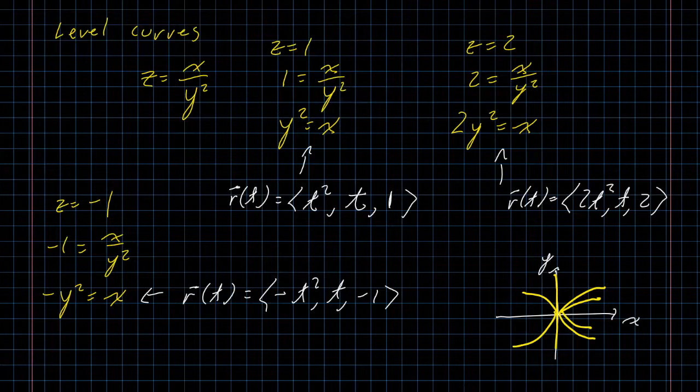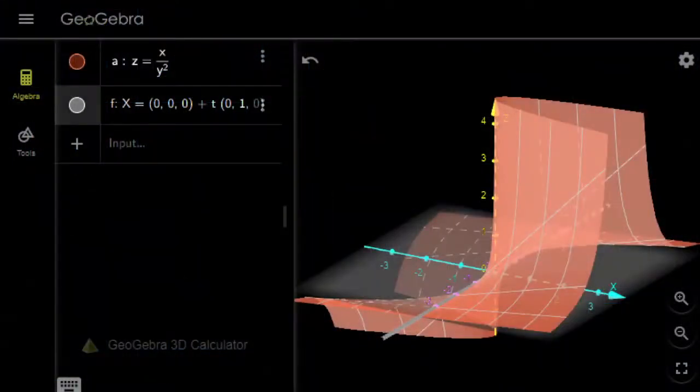But even with the 3D graph, looking at the parametric form will help us give some structure. All right, so let's jump back over to GeoGebra, and I'll start putting these curves in as well.